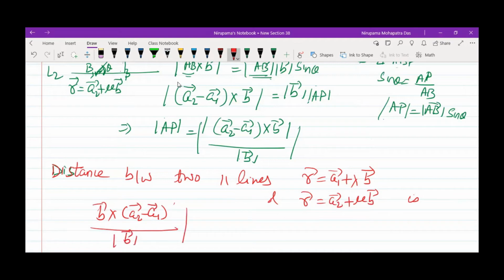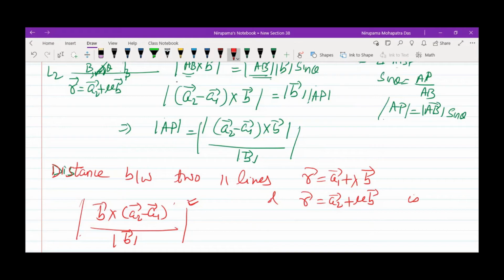Whether you take A2 minus A1 cross B or B cross A2 minus A1 doesn't matter, because ultimately we are taking the modulus sign. Either A cross B or B cross A, the magnitude will be the same.